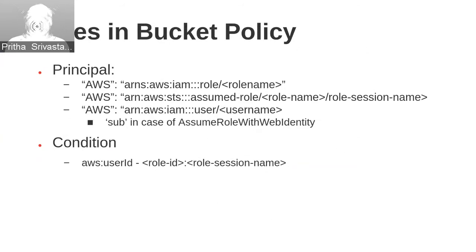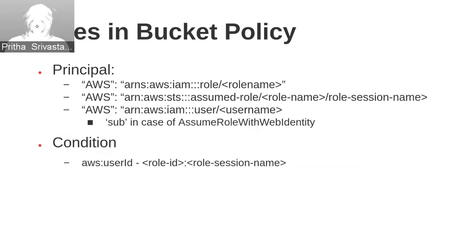Now there's a special use case in AWS which says that in case a system administrator wants to allow access only to a particular role and wants to explicitly deny access to any other entity from accessing that bucket, then it can have a policy which denies access to all entities and just allows access to a particular role by using the token aws:userid in the condition element of that policy.